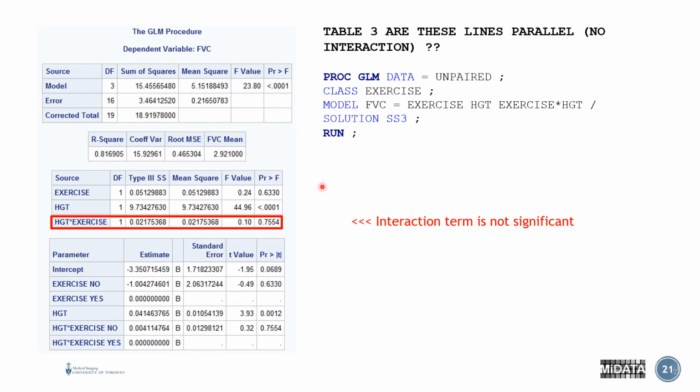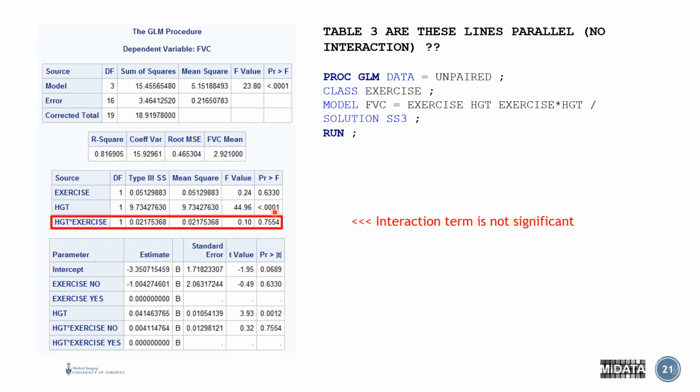Okay, so here is our more exciting model where we combine everything together. You'll remember the outcome is the same, FEC. However, in this case, we're looking at exercise, height, and height crossed with exercise, so the interaction term, at the same time. Now, right away, you can see the interaction term is not significant.